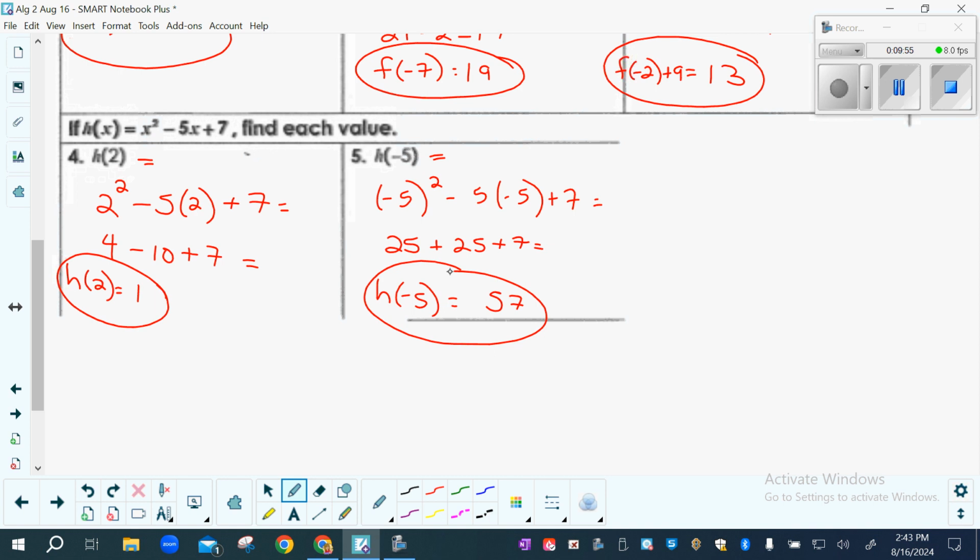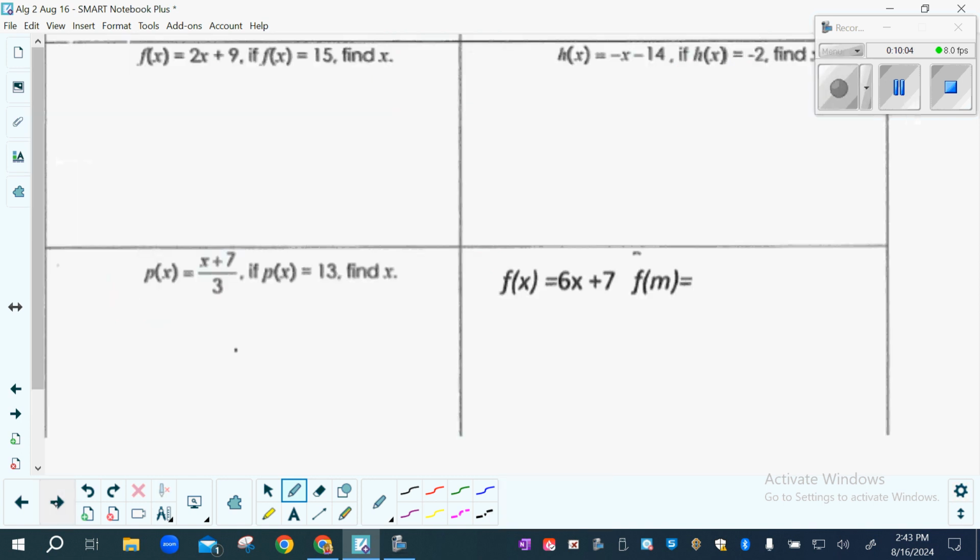Let's go on to the next one. Okay, so this time it says f of x is 2x plus 9. If f of x is 15, find x. So this looks different, doesn't it?